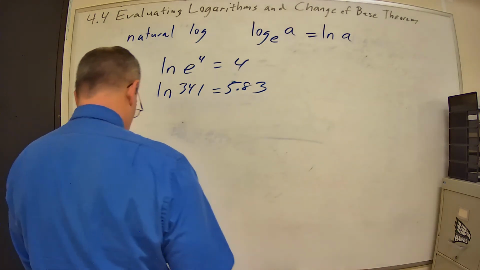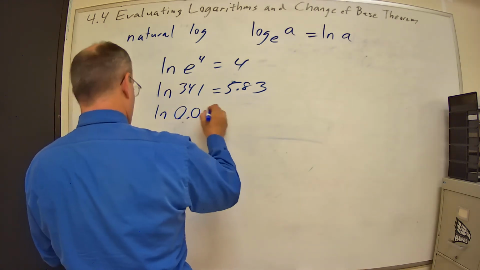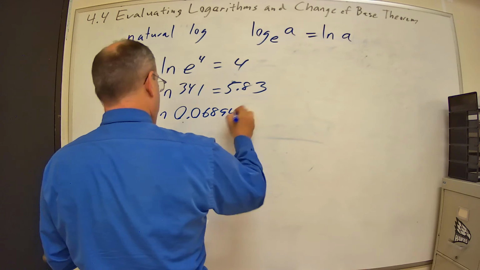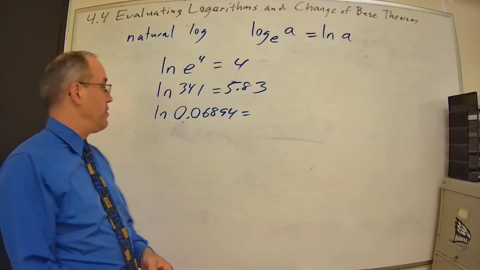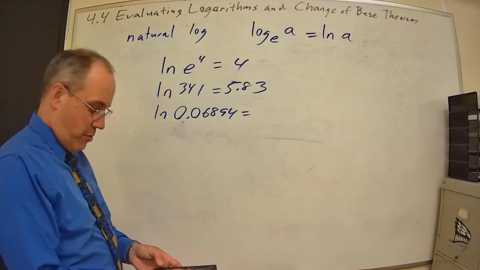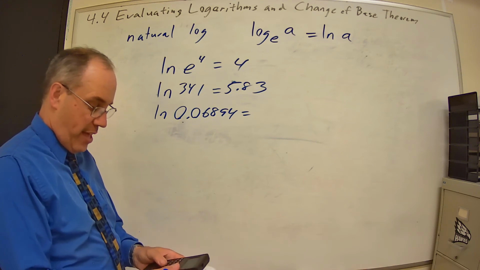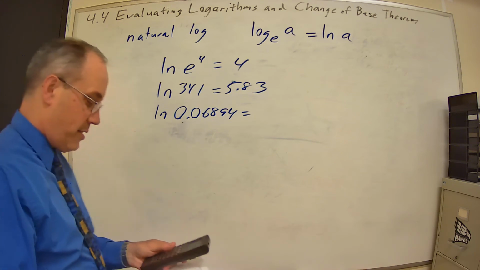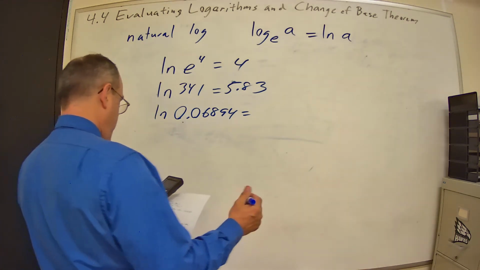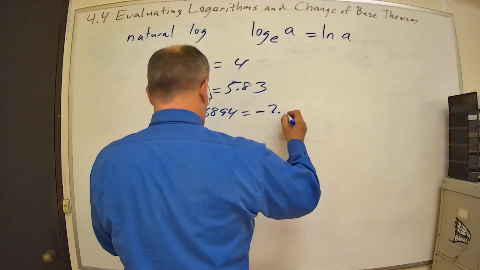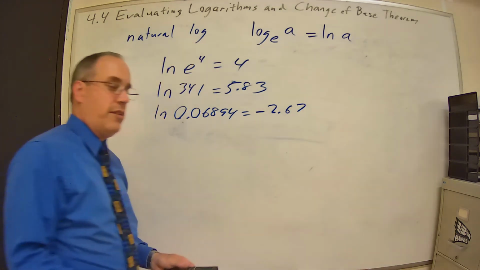And what about natural log of 0.06894? Again, we can do this with any positive number, so 0.06894, the natural log of that is negative 2.674518711789. So we'll say negative 2.67 will be sufficient. So there we go.